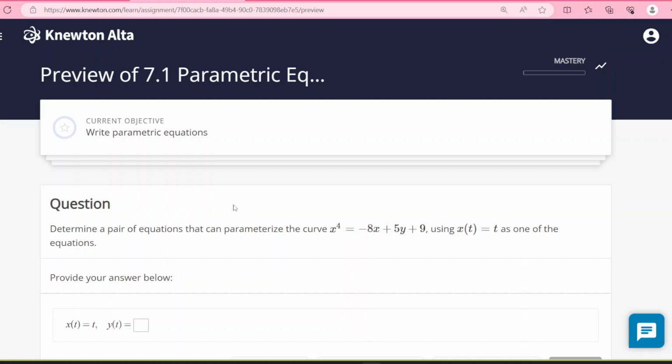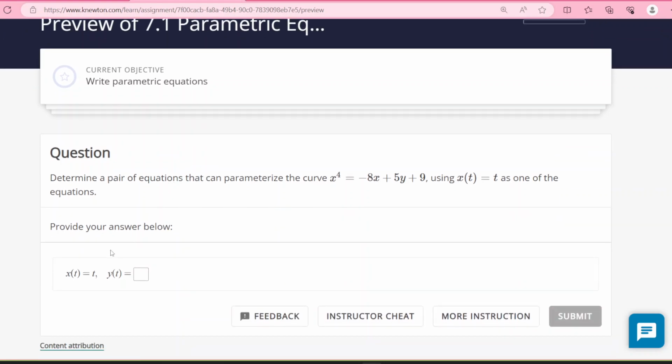All right. So the first objective here, write parametric equations. So parametric equations in 2 dimensions anyway. We're only going to be working in 2 dimensions with x coordinates and y coordinates, right, on the xy plane.